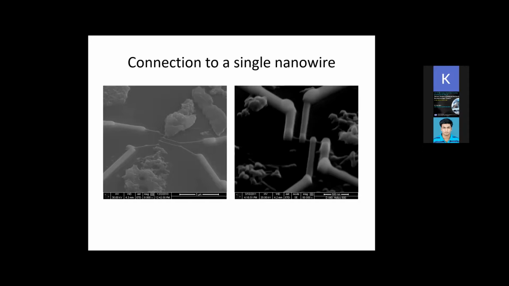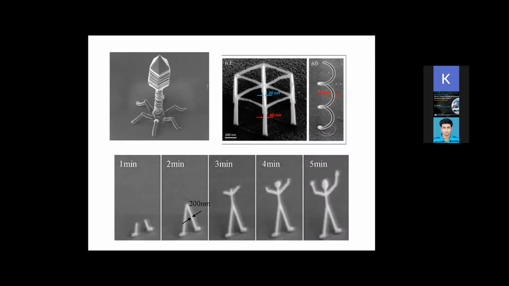Now, as you have seen, the source of platinum is an organometallic thing. So whenever you are depositing these connections or the leads, you have to keep in mind that these are not pure platinum. What you are actually depositing is basically a mixture of carbon and platinum, with carbon percentage more.